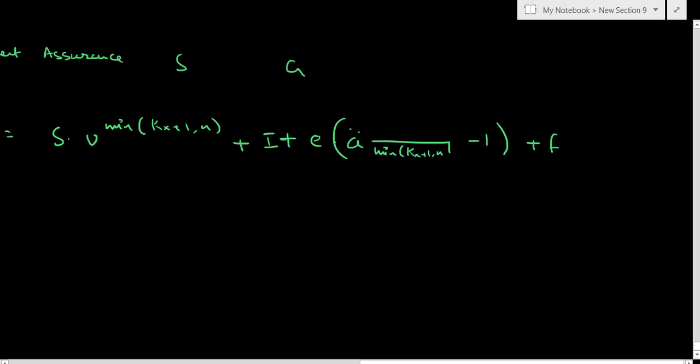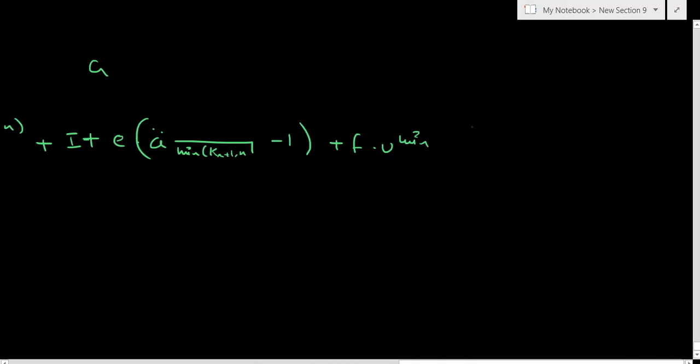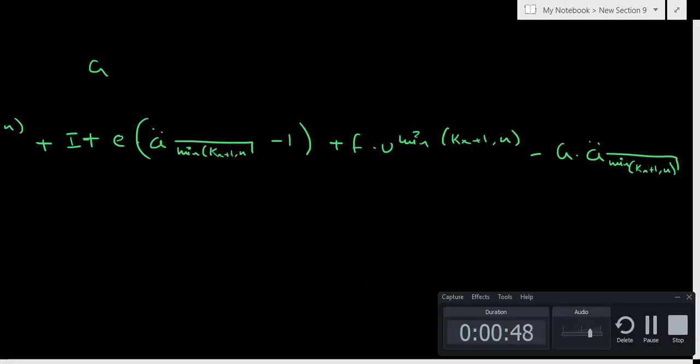Plus the claim expense, that is F into V to the power of minimum of K_x plus 1 comma n, minus G into a-due of minimum of K_x plus 1 comma n, because this is payable in advance for K_x plus 1 years or n years, right? So this would be your gross future loss random variable in this case.